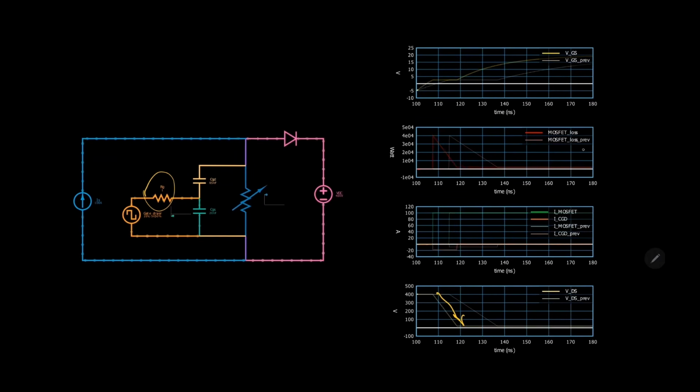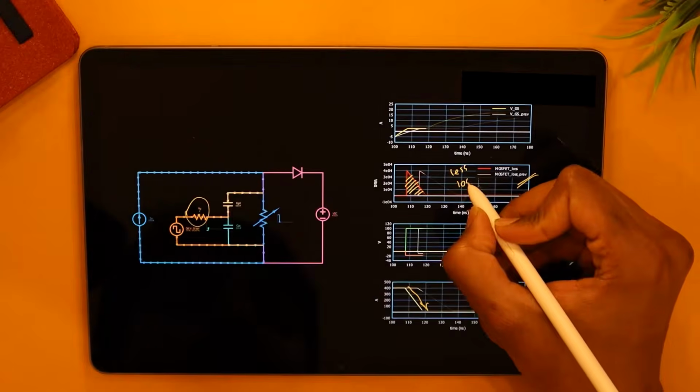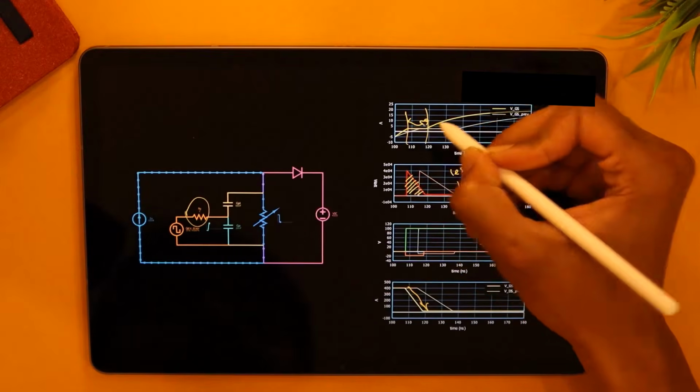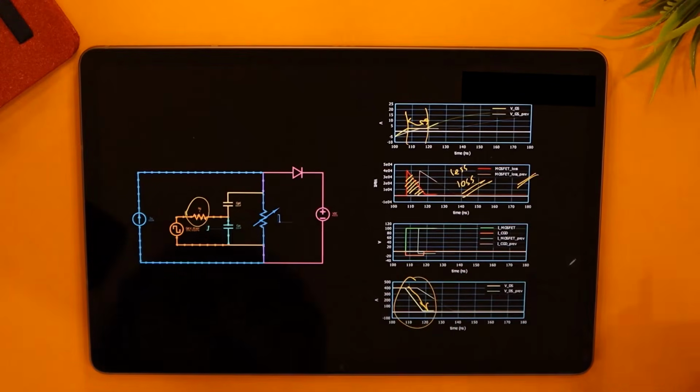There is a faint waveform, which is the previous loss waveform with the 2 ohms, and the brighter waveform is the one with the newer value of 1 ohm gate resistor. As you can clearly see, the MOSFET loss triangle has reduced in size. So clearly my MOSFET switching loss has reduced. The plateau has reduced too, as expected, and the VGS, the voltage of the MOSFET, is falling quicker too.